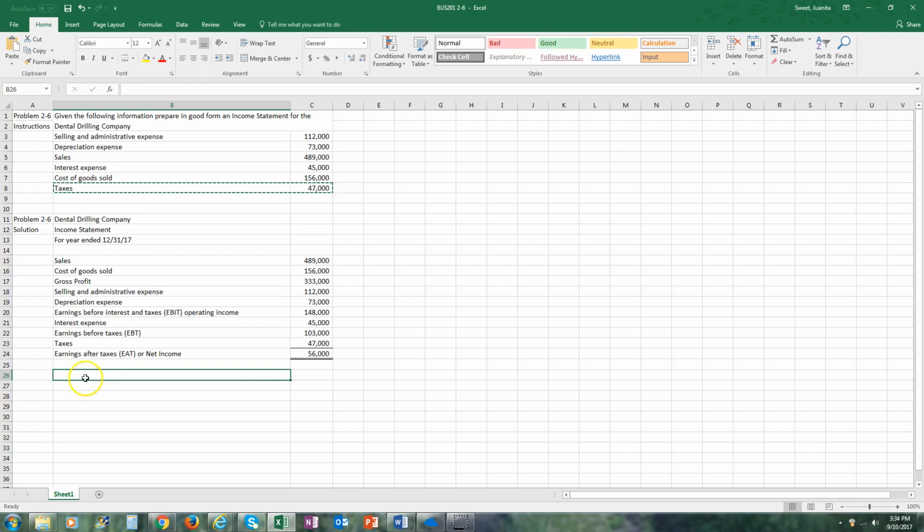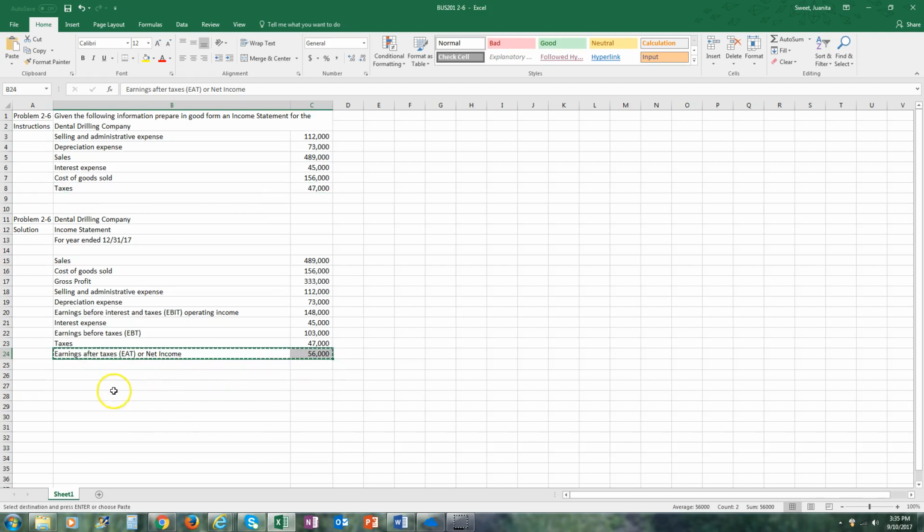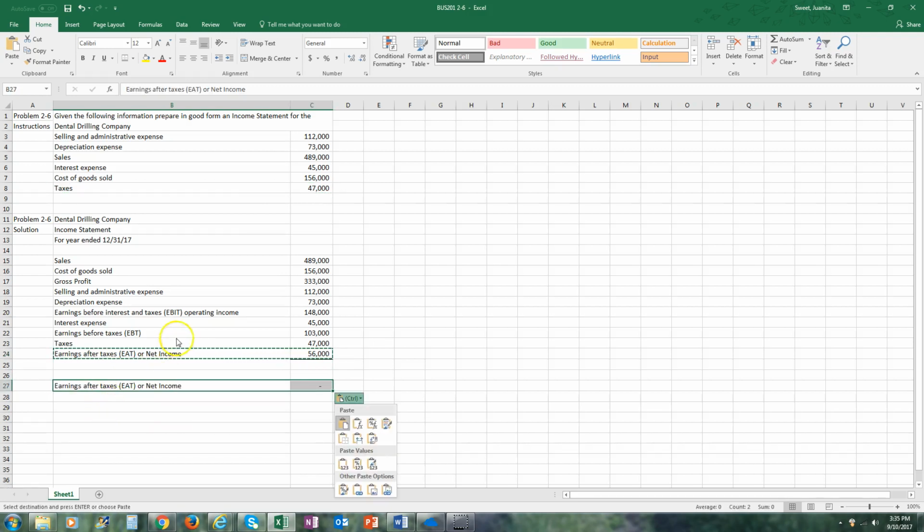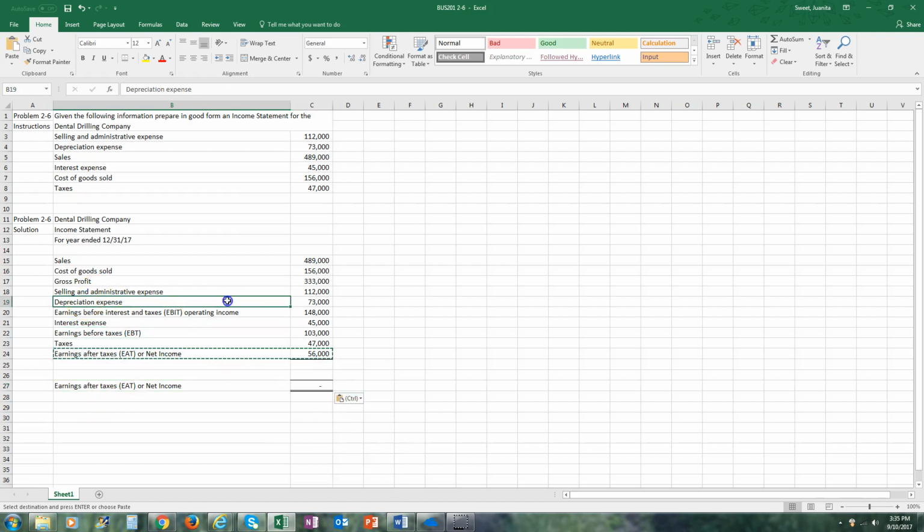Okay? Now they talked about cash flow. We would start out with our earnings after tax and add back in our depreciation expense. We add the depreciation expense back in because it is a non-cash amount.